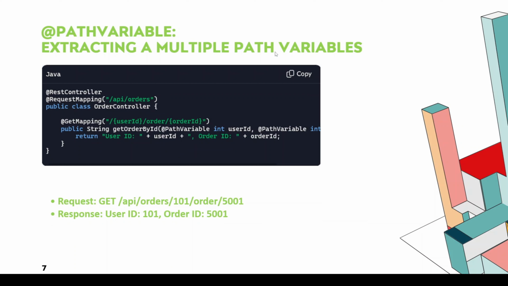Now, multiple path variables. Here, API orders, user ID, order ID. So 2 path variables are captured. Let's write some code here.